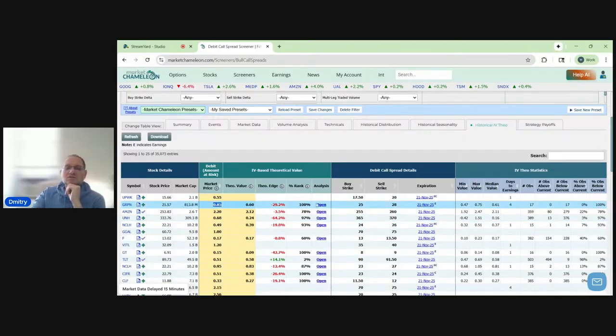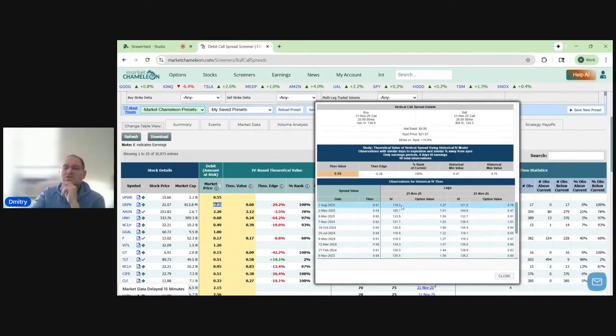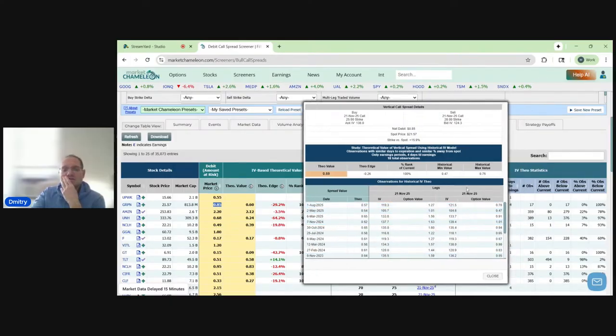And what this is saying is, let's just open it up and see what it looks like. So this is the data. You could see here that it's going back in history and looking at similar situations to see where the implied volatilities of these options were.